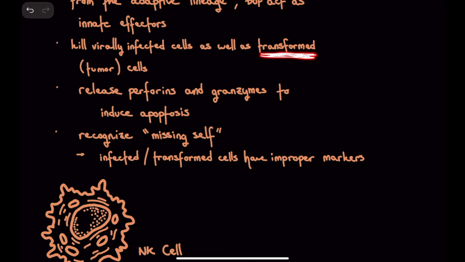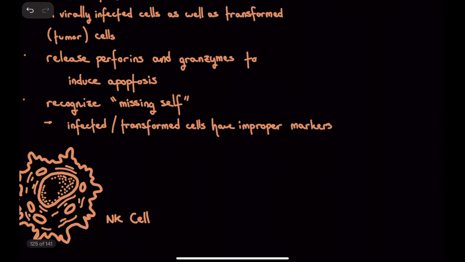That's the fancy bio way of saying tumorigenic. So if it's a tumor cell or a virally infected cell, they can detect that and they release these nasty compounds, perforins or granzymes, and induce cell death. The way they do this is recognizing that the cells at hand do not have a self marker.